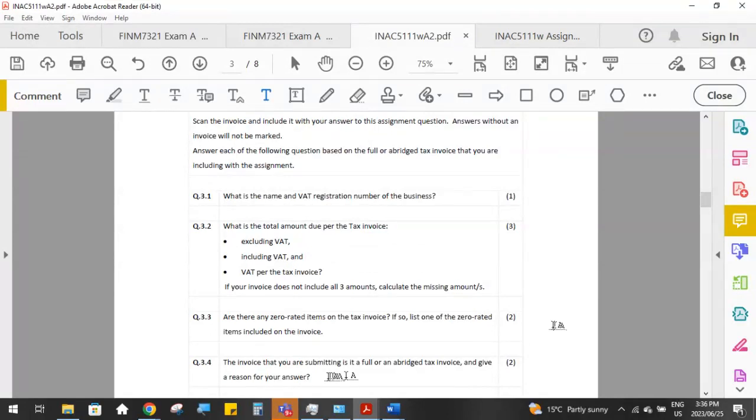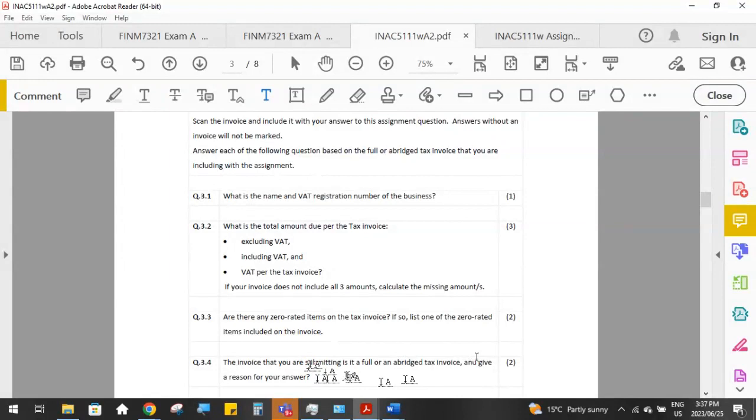It's just that the company is not obliged to provide a full invoice if the total selling amount is under 5,000 Rand. But sometimes it is a full invoice even if the amount is less.